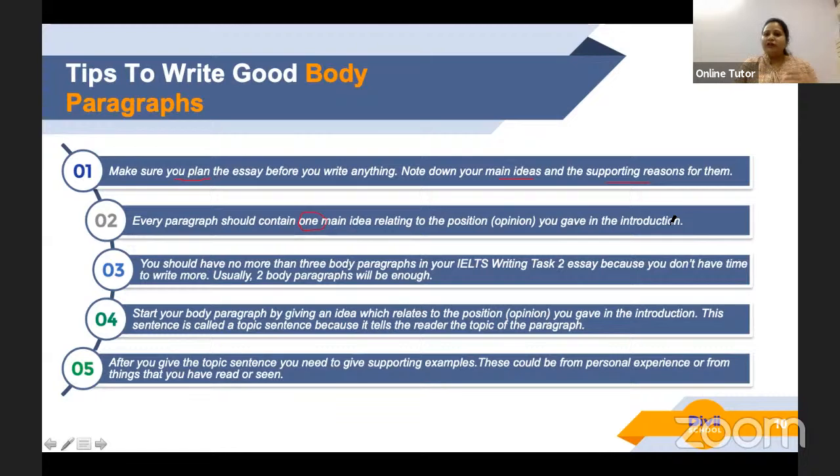That should be further supported with reasons, as in why you agree, okay, and explanation that how you are correct. Further, you should quote examples to support your reason.